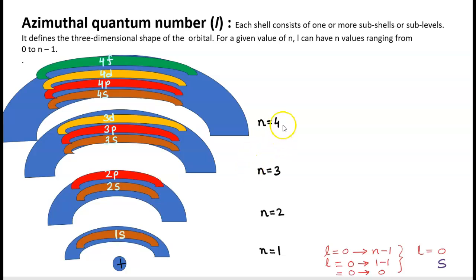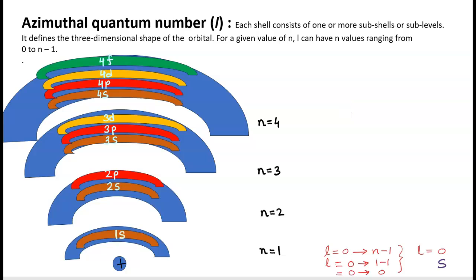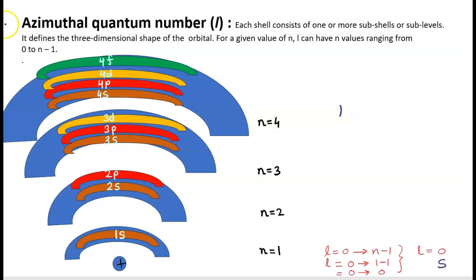So here you can see that for n is equal to 4, there are 4 subshells. Here the L value will be 0 to 4 minus 1. That means 0 to 3.